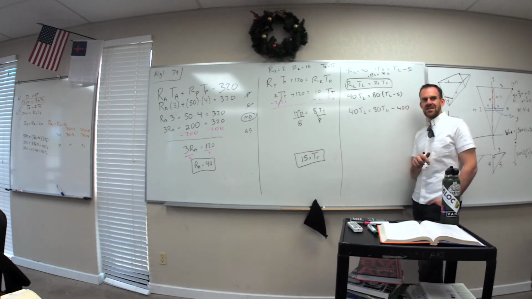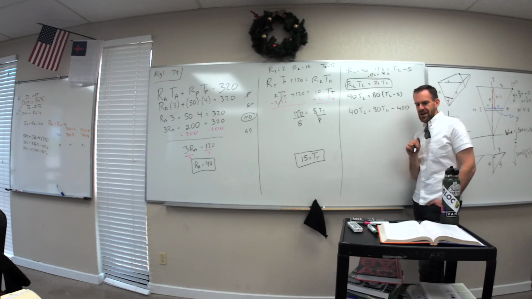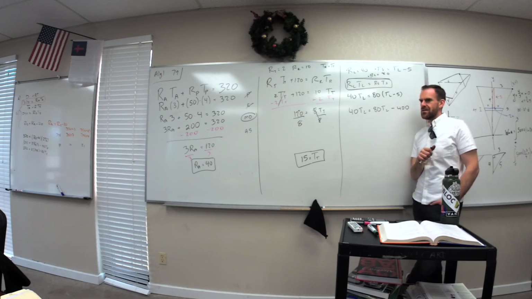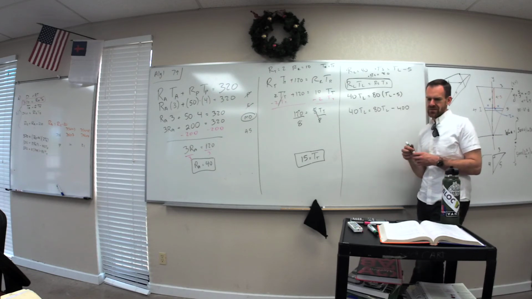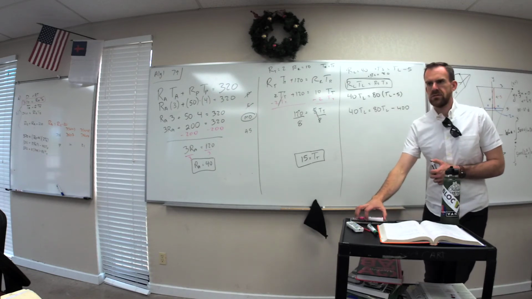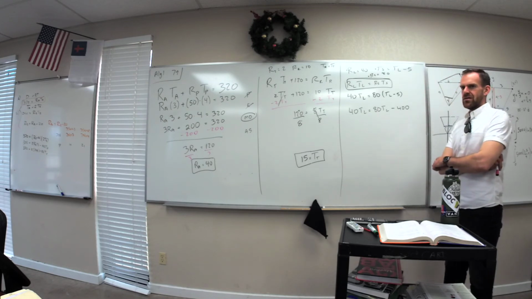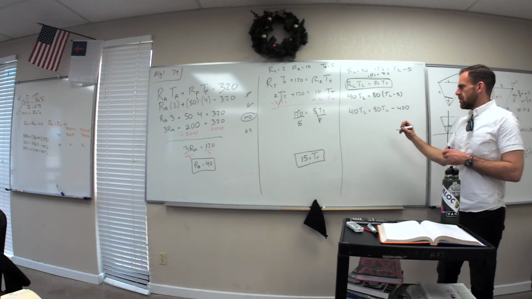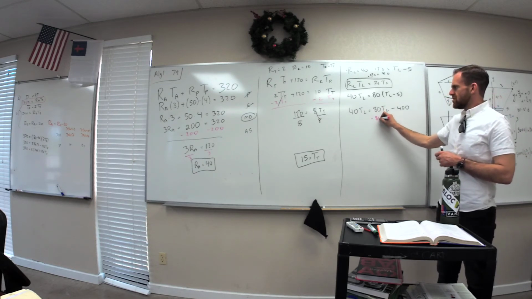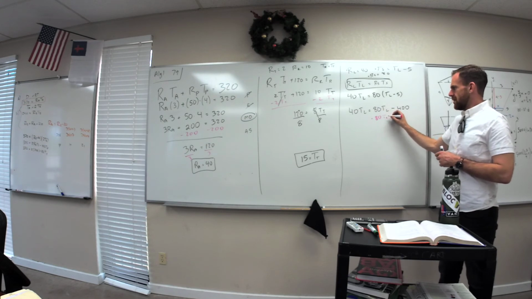Okay, next step. There's a right step, and there's a step that makes you more work. So, Evan, what's the right step next? So we have 40 TL equals 80 TL minus 400. You subtract the 80 TL from both sides of the equation. What if I told you that was the wrong step that made more work?